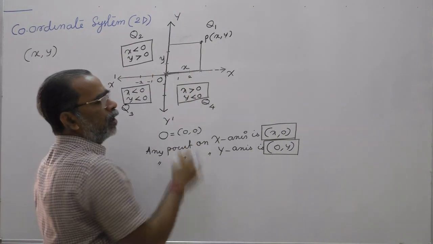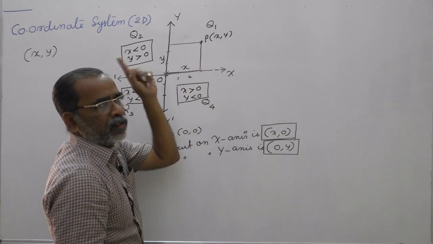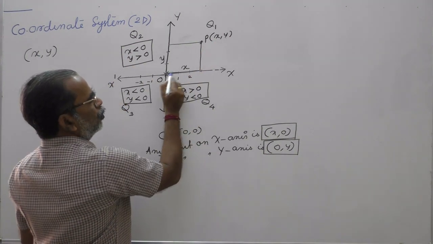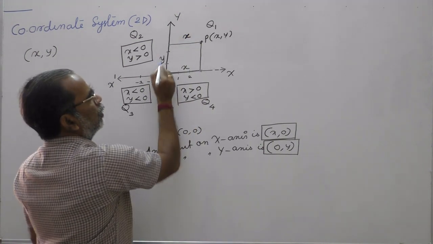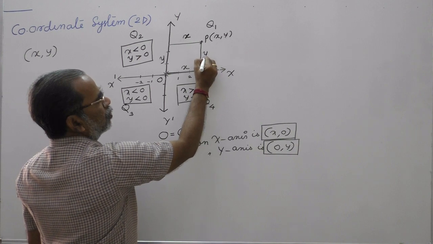So this is the meaning of first coordinate and second coordinate. This length is x, therefore this is also x. This is y, this is also y.